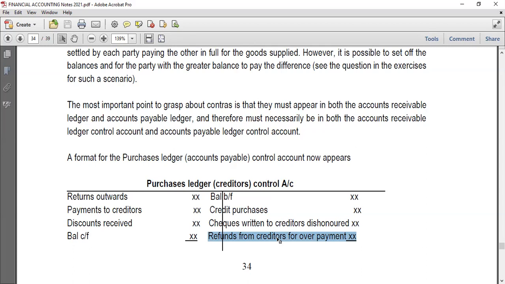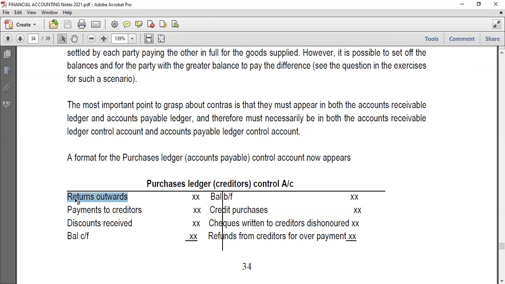All those items that are there are items that re-increase the creditors. Now we have a case here which says the return outwards. Everything on this side reduces your creditors.